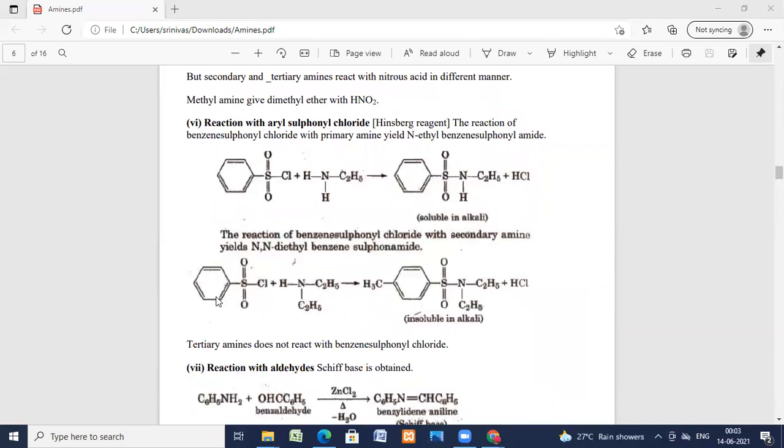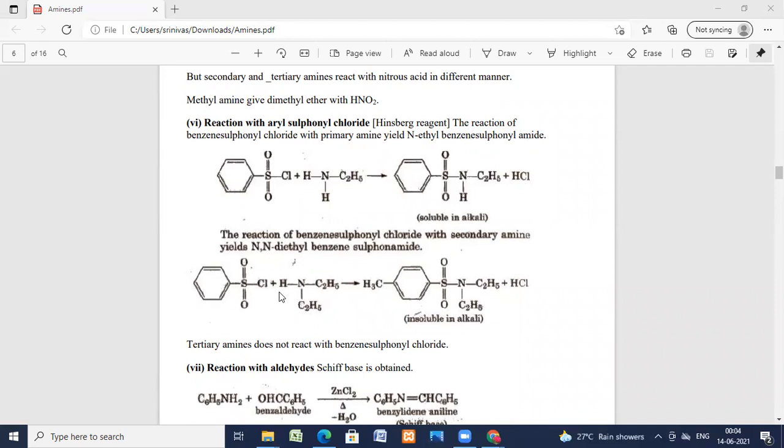And coming to the Hinsberg reaction, the reaction of benzene sulfonyl chloride with tertiary amine, what does it do? See, primary amine will react. The reaction of benzene sulfonyl chloride with primary amine yields N-ethyl benzene sulfonamide, soluble in alkali.